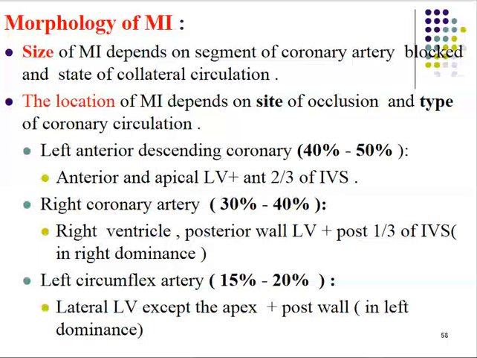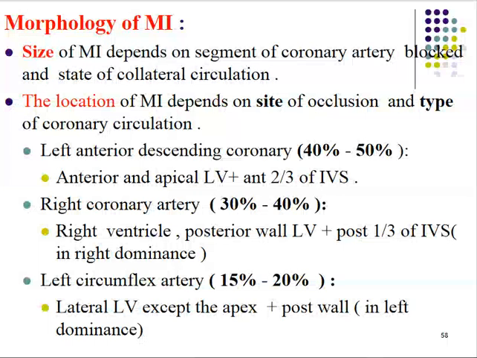Second, the location of MI depends on the site of the occlusion and the type of coronary circulation. Left anterior descending coronary involvement, occurring in about 40 to 50%, will result in infarction involving the anterior and apical left ventricle and the anterior two-thirds of the interventricular septum.